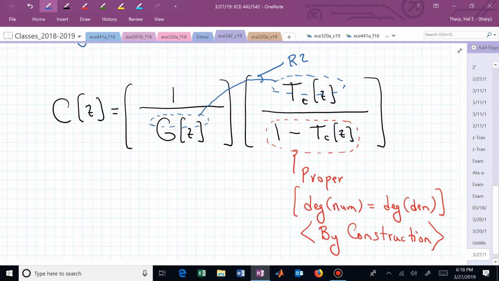And I would, by inverting the plant, I would basically be trying to cancel unstable zero factors with this 1 over G of Z. The same argument, or a similar argument, goes for unstable pole factors in G of Z. We now want to make sure that we have 1 minus T sub C of Z evaluated at those unstable locations being equal to 0.